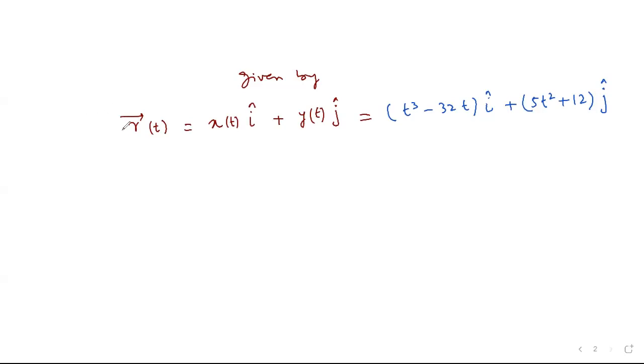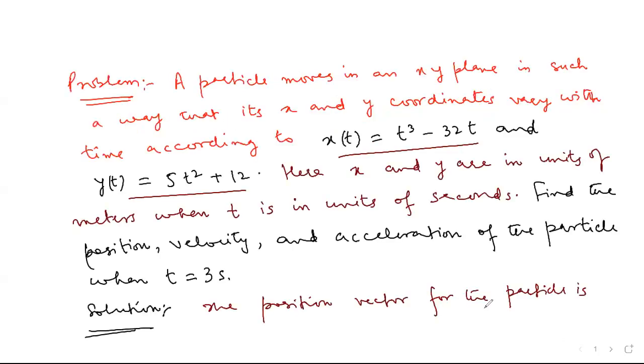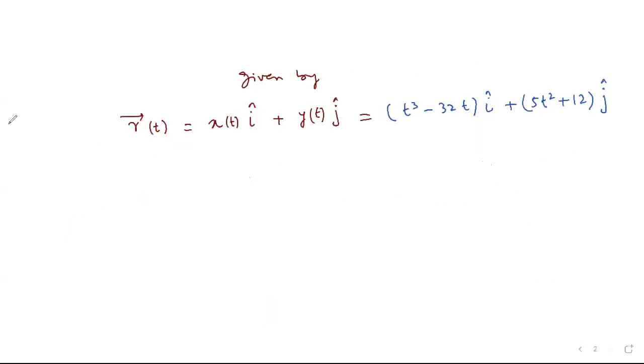I hope you got it. It is easy. Position vector gives the position at all times. Its components are the coordinates of the particle, and coordinates are time dependent. They depend on time according to these equations. So we have written the general position vector for the particle.